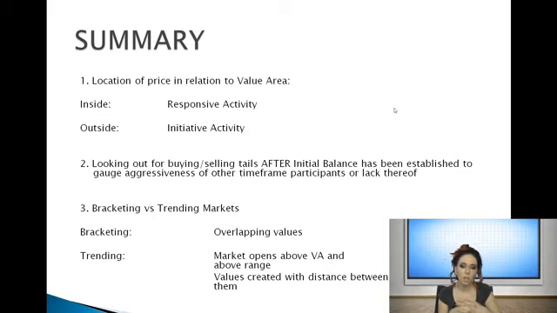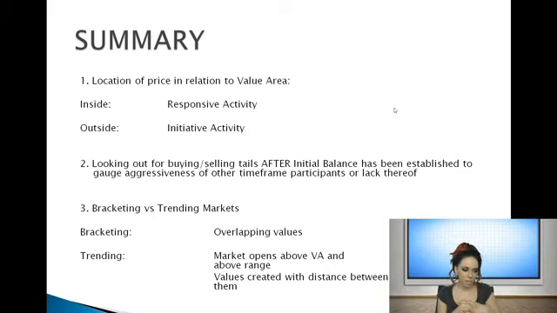And that will tell you how big the buying or selling tail becomes. It can tell you how aggressive or non-aggressive the other time frame participants are.